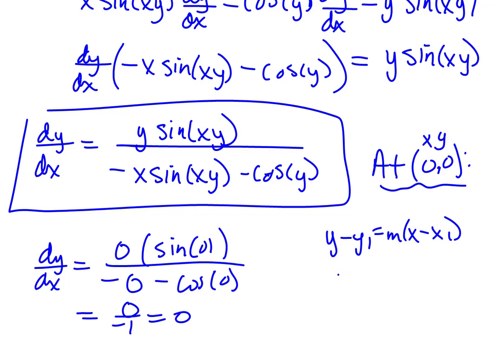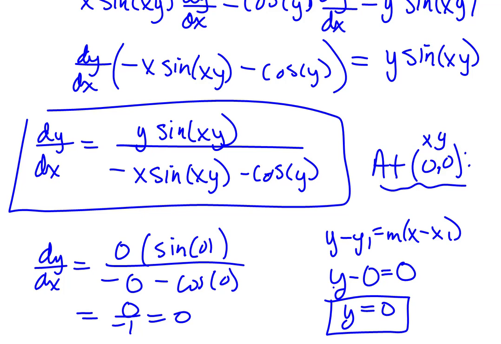So if our slope is 0, we could go back and try to plug that in, but that means y minus y1, which is 0 from the point we had, equals m, which is 0 times, well, whatever else is going to be 0. So this just simply means y equals 0, which you may recall is a horizontal line. In fact, it's right on the x-axis. That must be the equation of the line that's tangent to this curve at that point.